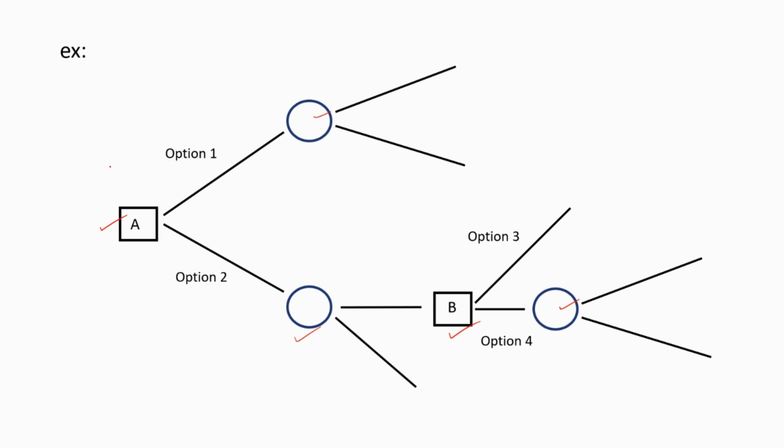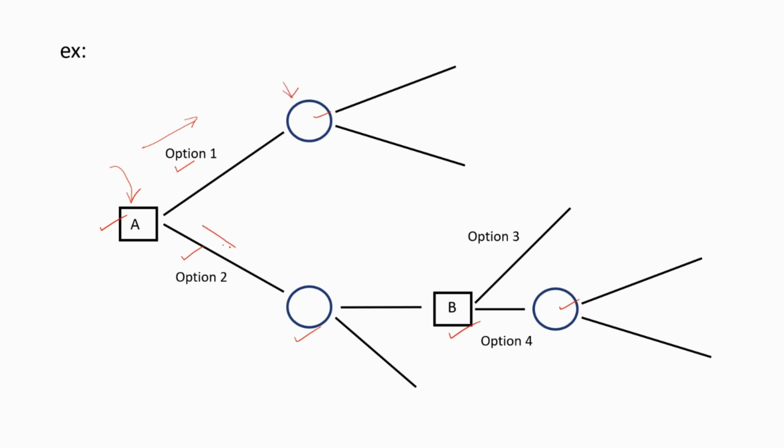Decision points mean we have to make a decision at this point. Just look at this decision tree. At point A, we have to make a decision whether to select option 1 or select option 2. Let's say if we select the option 1 path, then we will meet an outcome point, which is this.